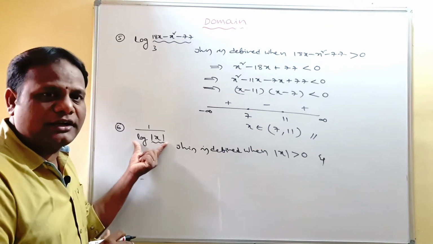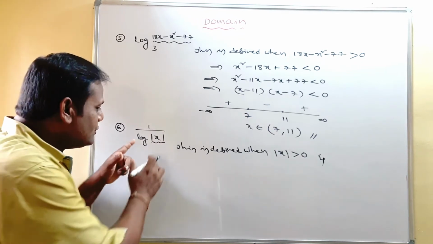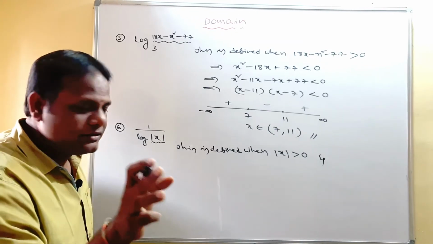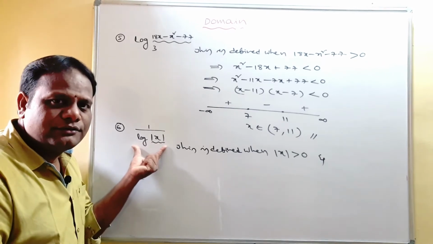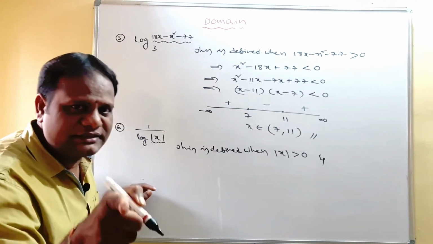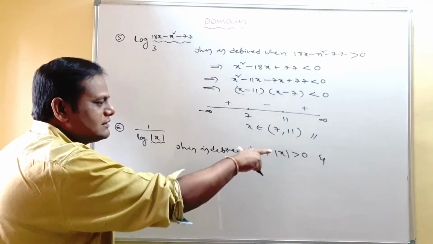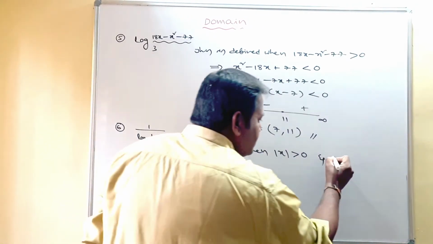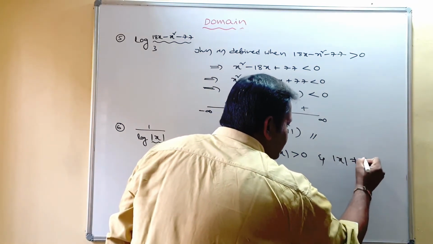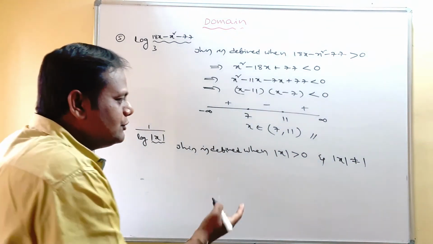Because it is in the denominator, so if it is 0, it is not defined. Log 1 is 0. So this is defined when mod x is greater than 0 and mod x is not equal to 1.